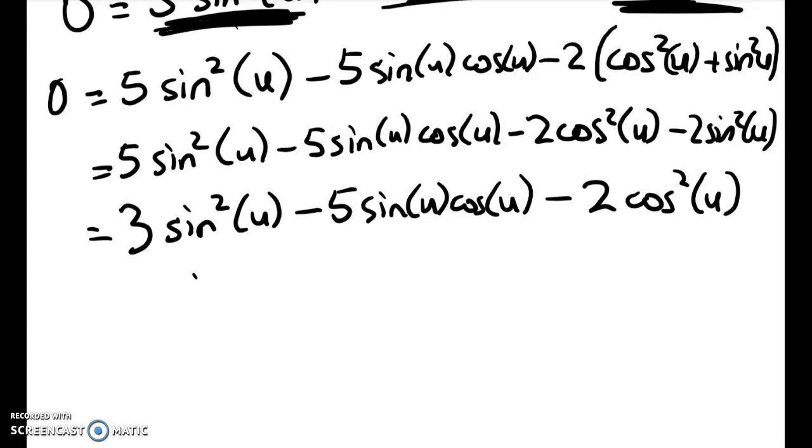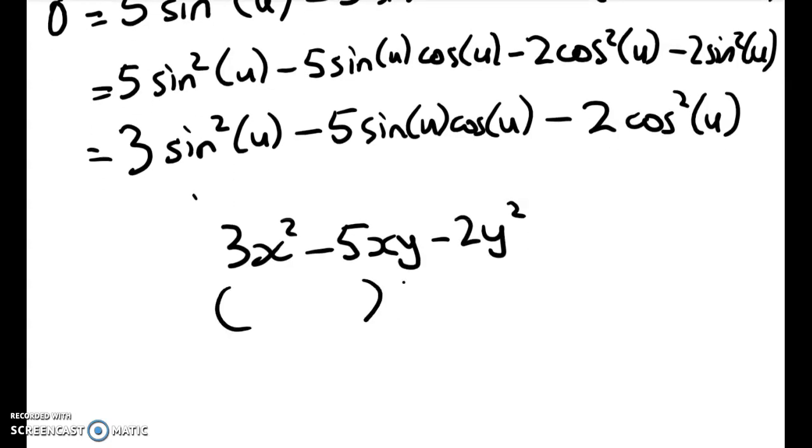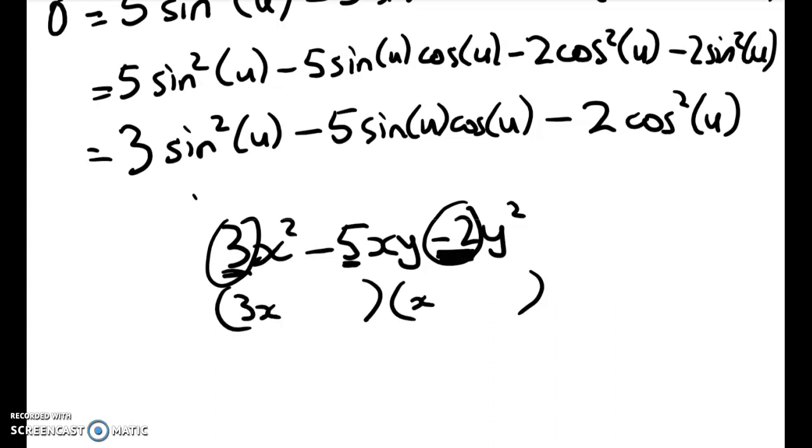Now if that looks really awful to factorize, you might like to think about it like this. Just think of 3x squared minus 5xy minus 2y squared. How can I factorise that? Well, the nice thing in here is that these numbers are all primes, especially these two. So this will be 3x times x, and this has got to be 2 and 1.